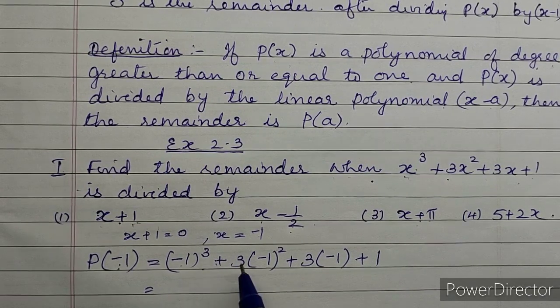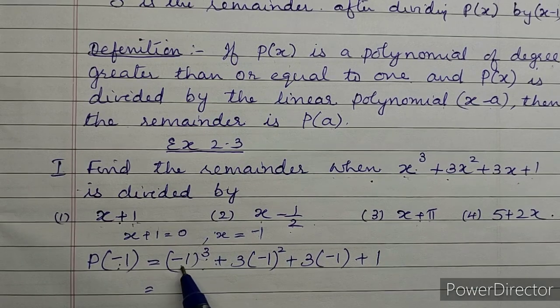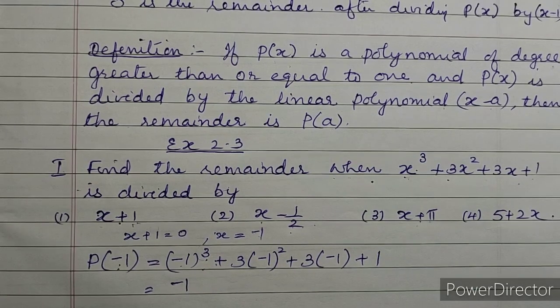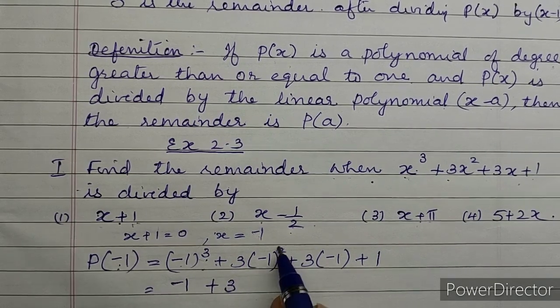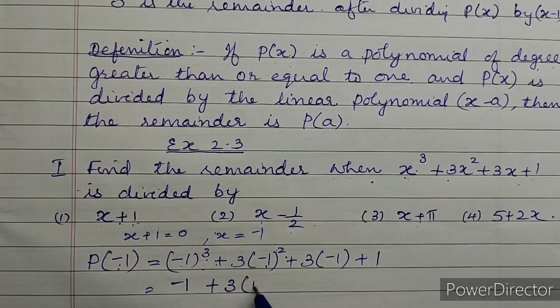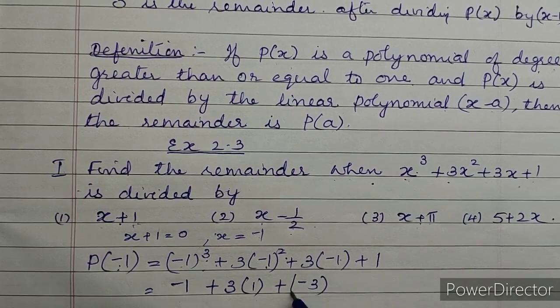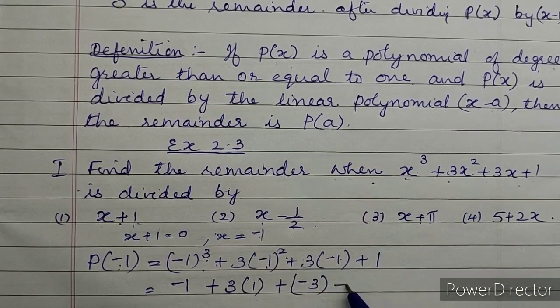Minus 1 into minus 1 into minus 1. Odd number of times it is repeating means the answer will be minus 1 only. Even number of times, the answer will be positive 1. Plus 3 into, this is even number of times, so minus 1 into minus 1 is positive 1. Plus 3 into negative 1 is negative 3. Plus 1.